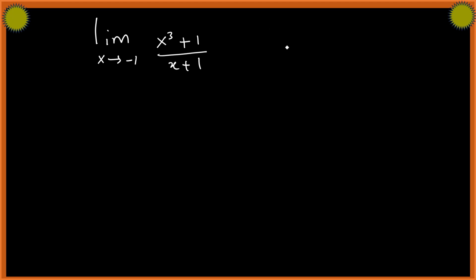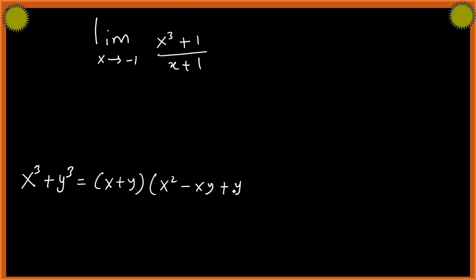Now let's observe some expansion here. In case we're given x to the power 3 plus y to the power 3, it is the same as (x plus y) times (x squared minus xy plus y squared).